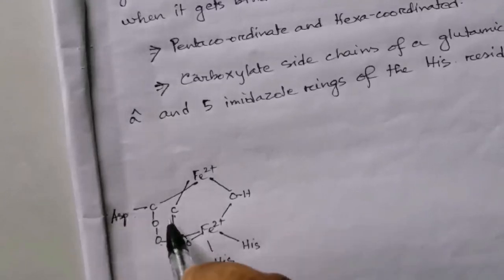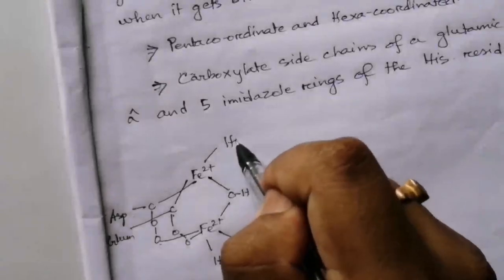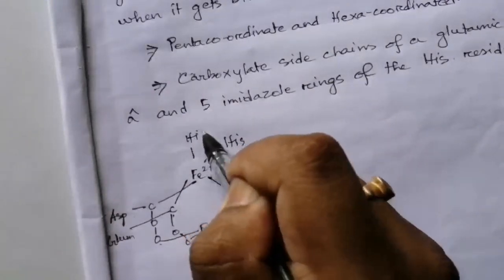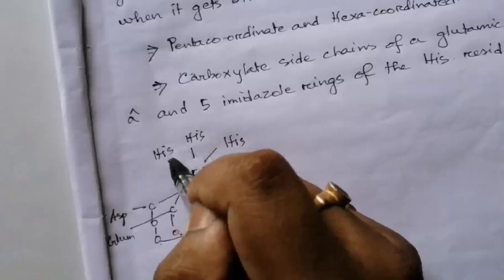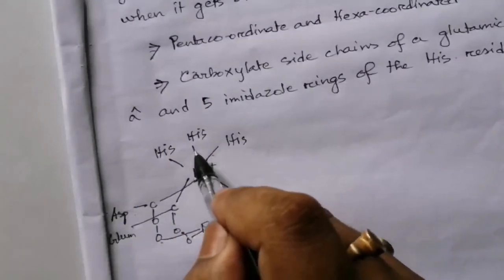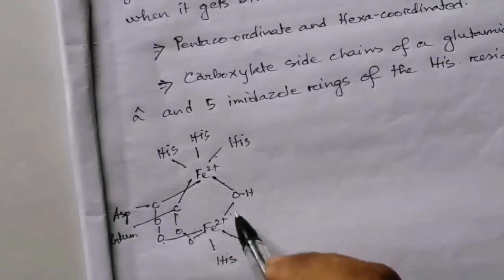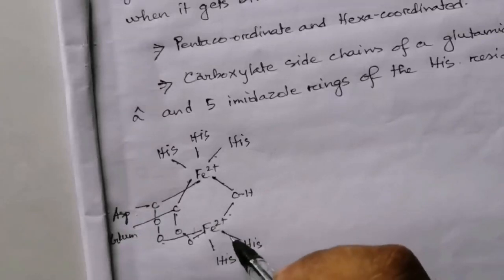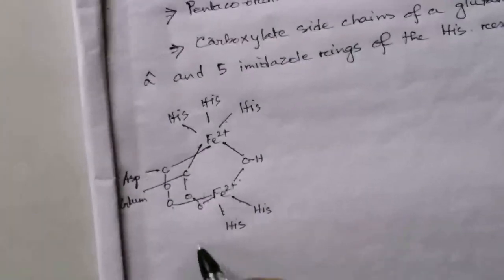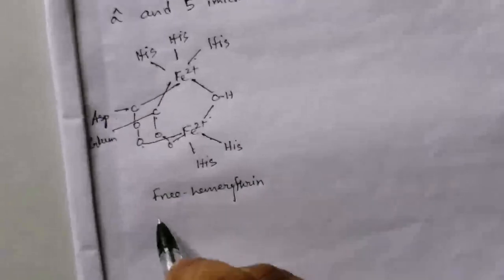Aspartic acid, glutamic acid, and these are the histidine residues. So we can see that this center is hexacoordinated and this center is pentacoordinated. So this is free hemerythrin, or you can say this is the deoxy form of hemerythrin.